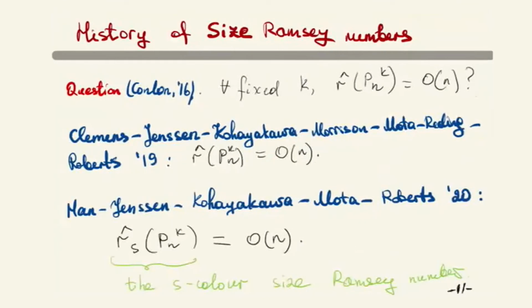And this was proven to be the case by Clemens, Jensen, Koyagawa, Morrison, Mota, Redding, Roberts. And afterwards, not the same set of people, I think some people left the group, but Han, Jensen, Koyagawa, Mota, and Roberts showed that actually the s-color size Ramsey number is also linear.